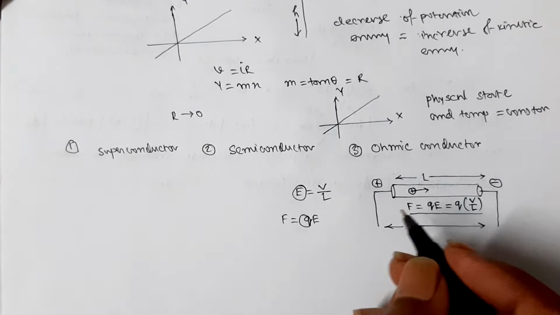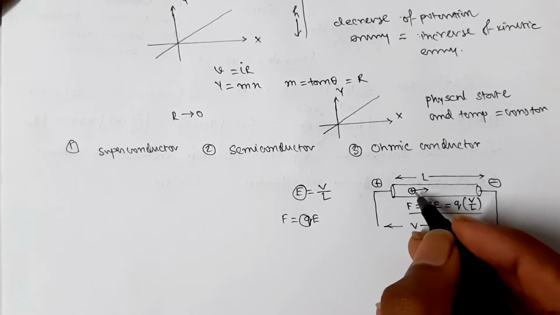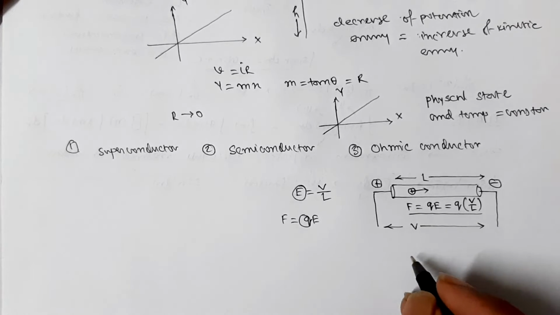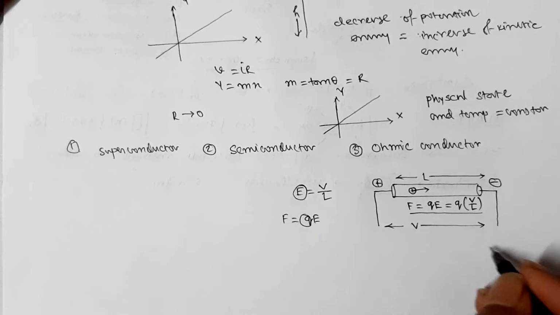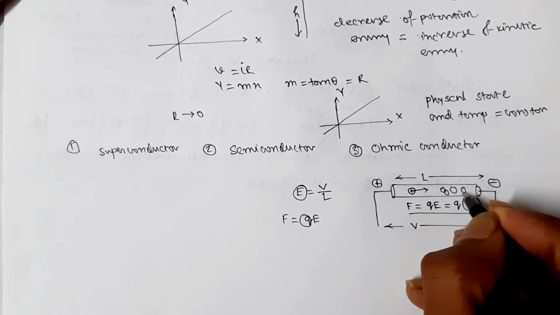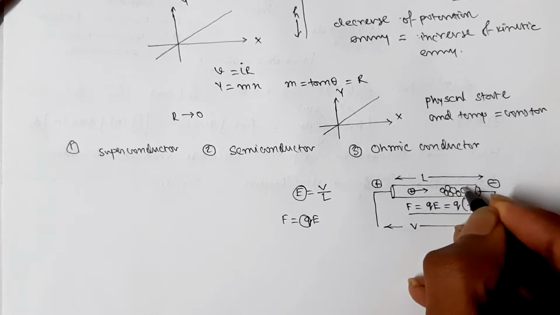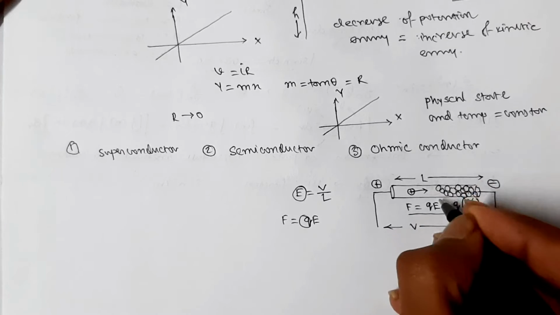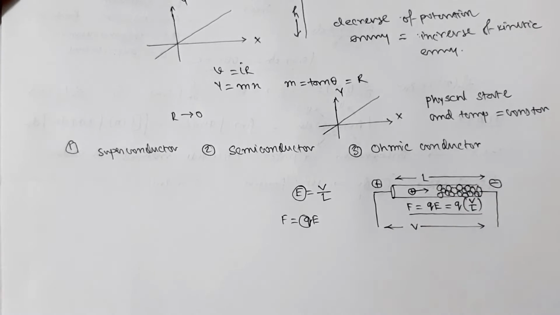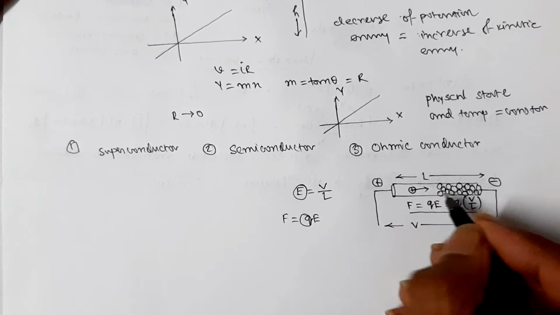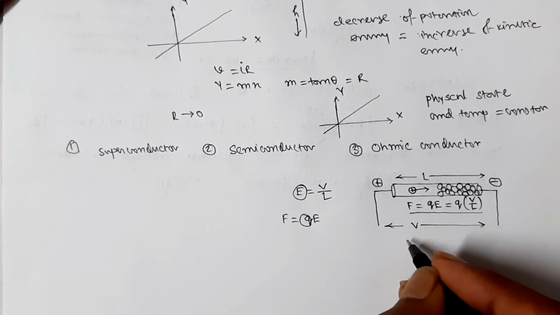After feeling this force, the particle does not actually move in such a way, because there are so many charged particles in the conductor. We imagine there are millions and billions of electrons and protons there. If they move through, they collide with each other, and that is why they get a drift velocity.